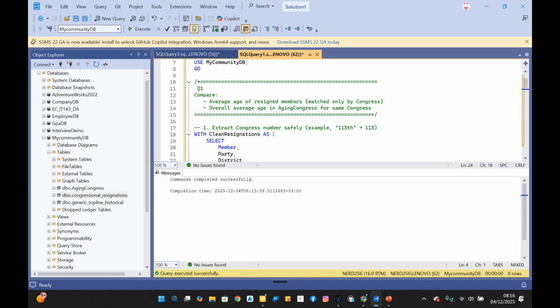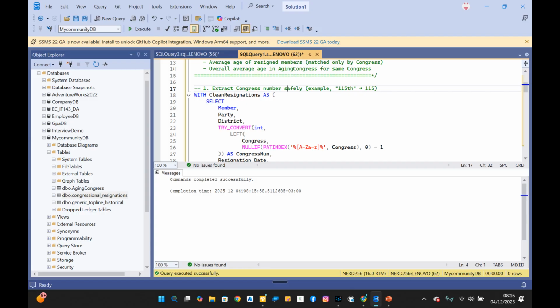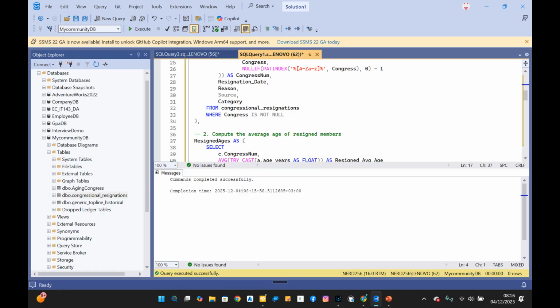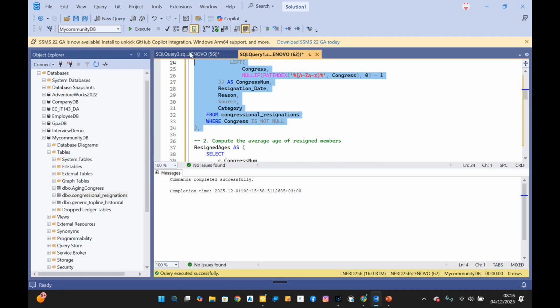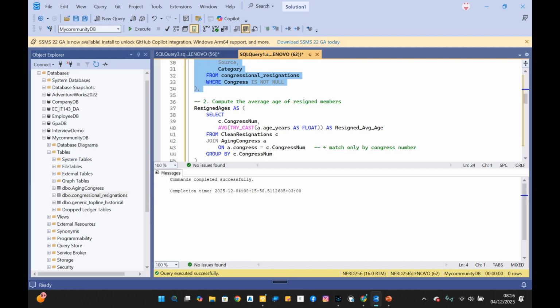Now, the first part, we are extracting the Congress number. We are extracting the Congress numbers. This first part here.